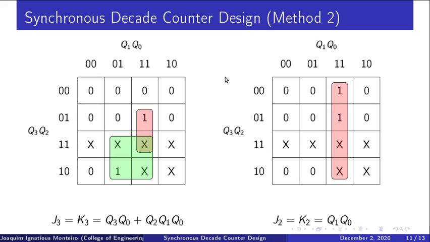So we get the expression J3 K3 like this. You got the expression? I need to mention, this is how they minimize. This is how they went on to minimize this thing.